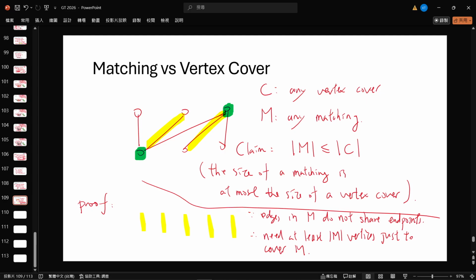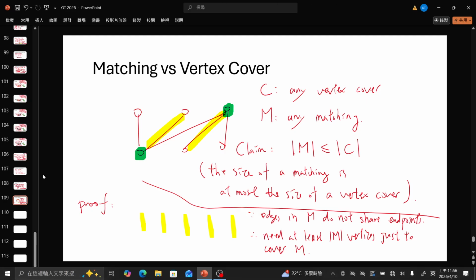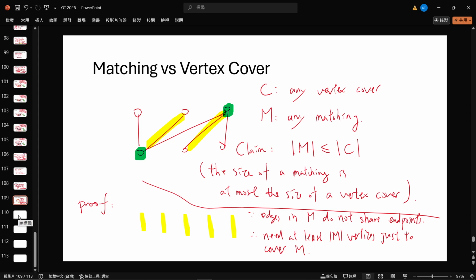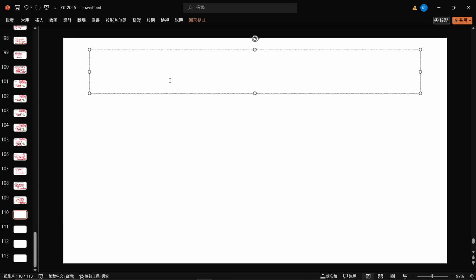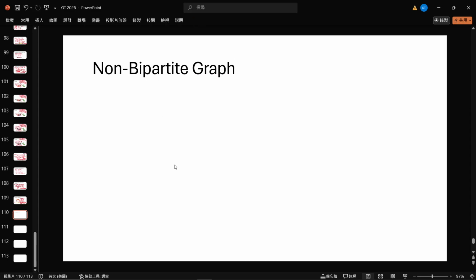The plan works for bipartite graphs, which I'll discuss next week. But today I want to show you that the plan will fail if it is a non-bipartite graph.